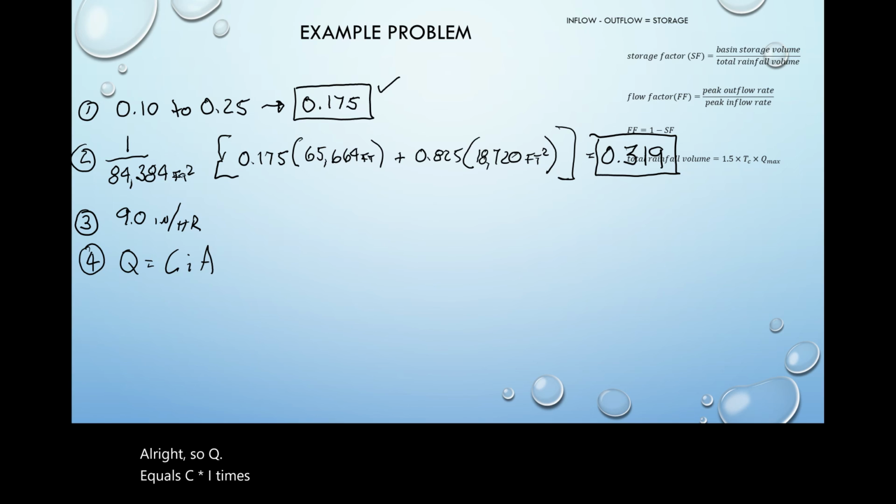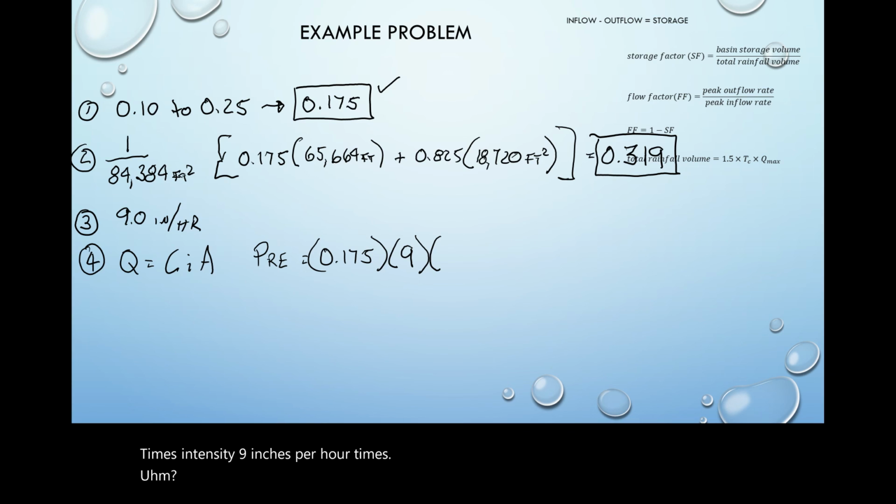Okay, so pre-development, that equals C, which for pre-development is 0.175, times intensity, 9 inches per hour, times my acres.